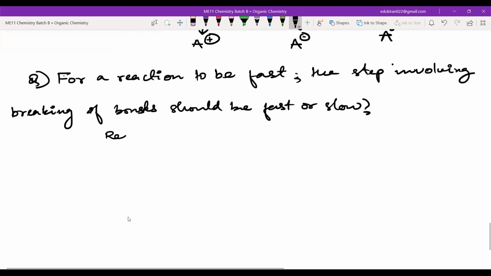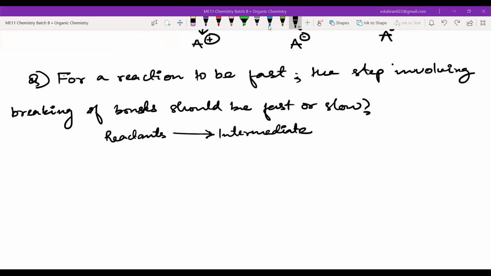This step, reactant to intermediate. Yes, Reba. It should be slow.